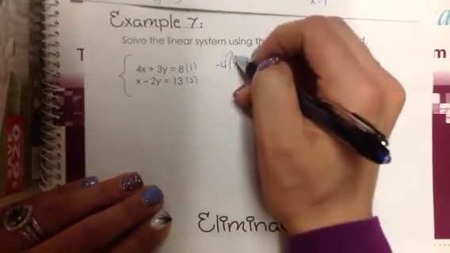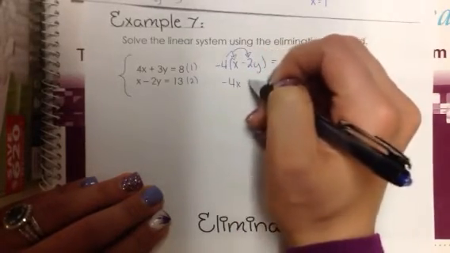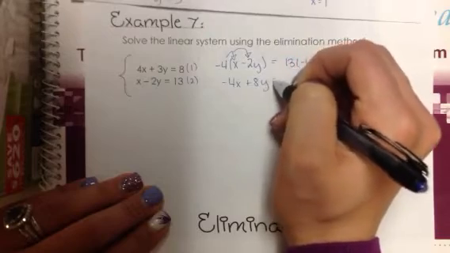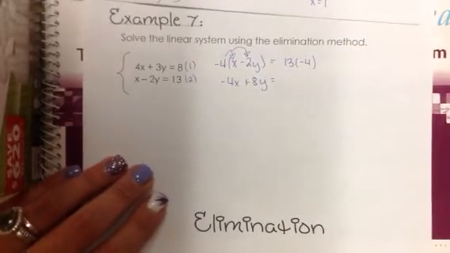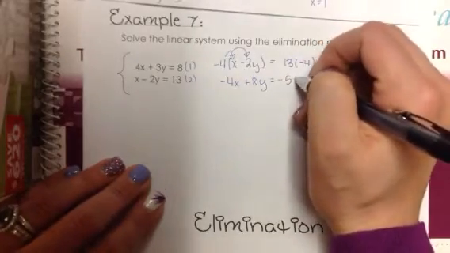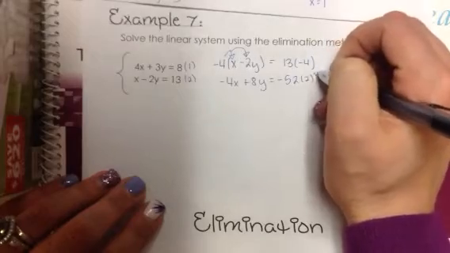If I distribute this -4 to both terms, I get -4x plus 8y equals, and then -4 times 13 is -52.